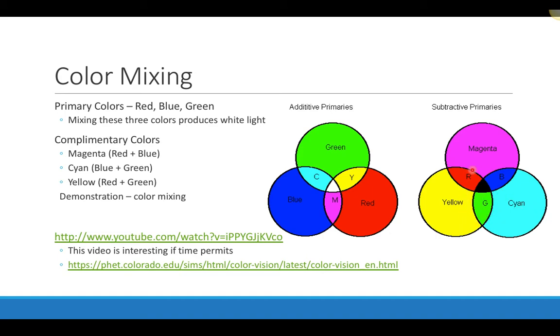If I were to combine all of these together as filters, it's not going to allow any of the light through, because magenta, cyan, and yellow all don't contain one particular color. So be careful of this in terms of what this represents here. These are actually filters of light, and what color would come through if I were to combine those two filters.